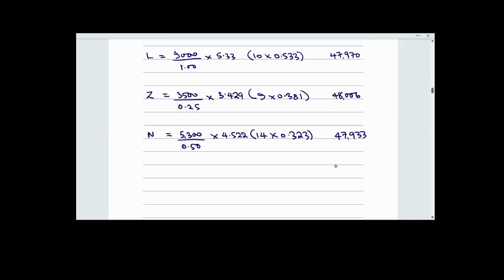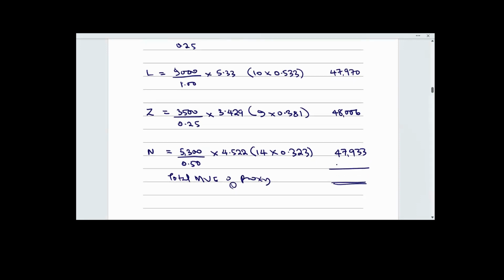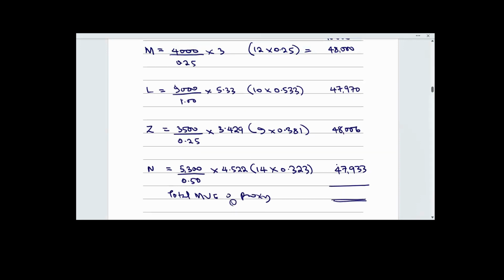So add everything together. Add everything together, please. Total market value of equity of proxy. What do you have? What's the total?